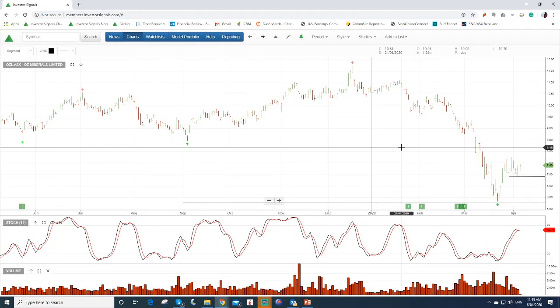Oz Minerals, so here's an example of one that I've posted on the blog today. Copper prices are trading roughly 50% from the high that they created in 2010. Oz Minerals is an interesting opportunity within the copper space because they're expanding their mine in South Australia, and as new production comes online, that profit largely flows through to the bottom line.